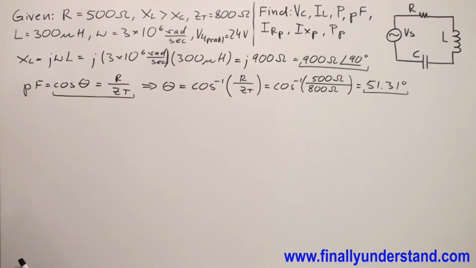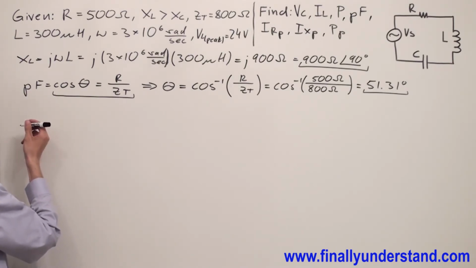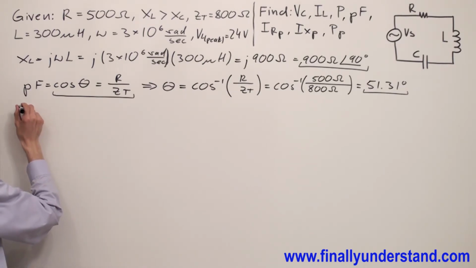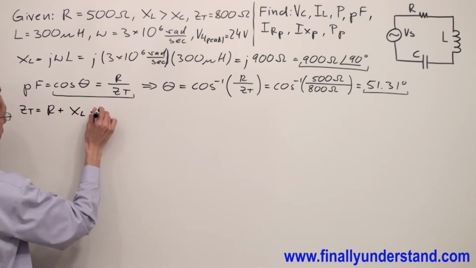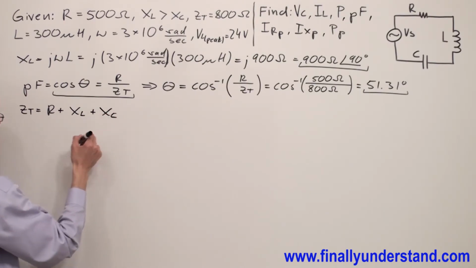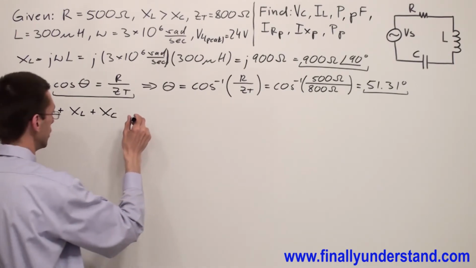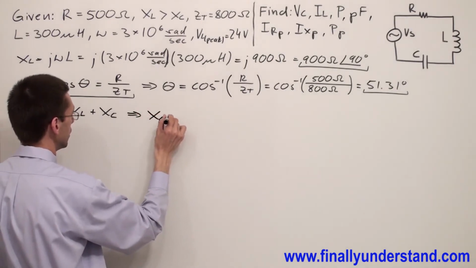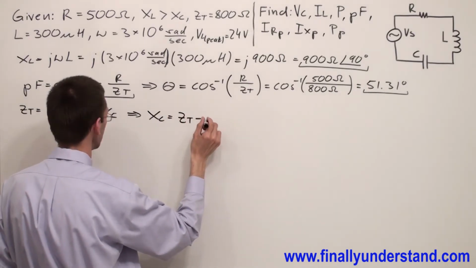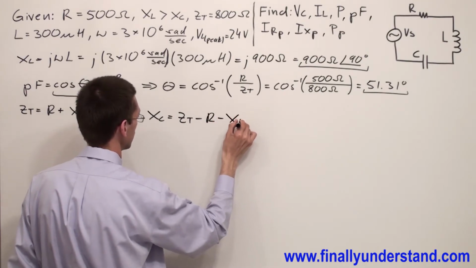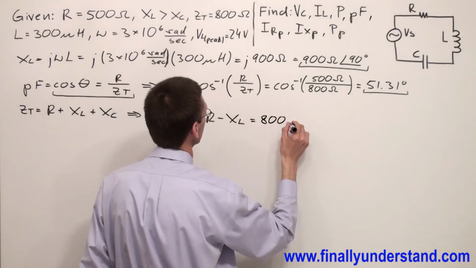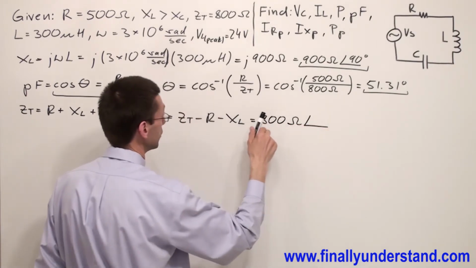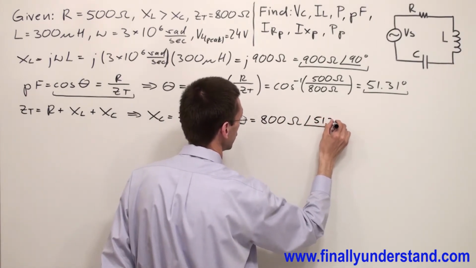Next, I'm supposed to find X of C. So in order to find X of C, I'm going to use the formula which says that Z total is equal to resistance plus X of L plus X of C. In order to find X of C, I'm supposed to solve this formula for X of C. So I have X of C equals Z total minus R and minus X of L. So this is equal to Z total, 800 ohms, and angle, we found the angle, is equal to 51.31 degrees.